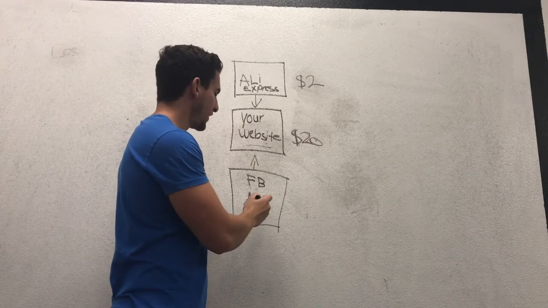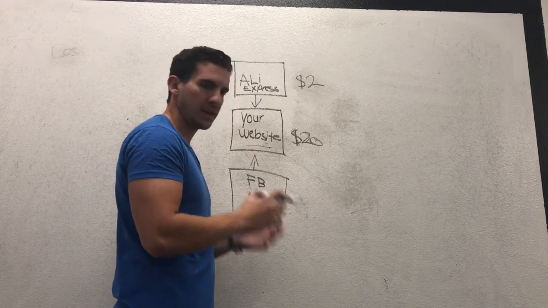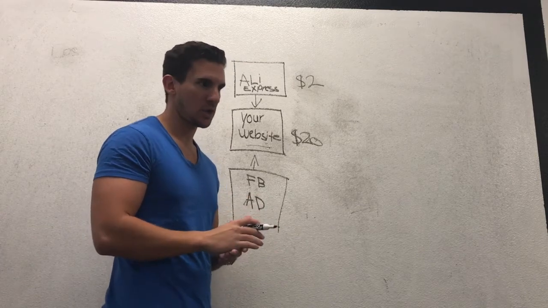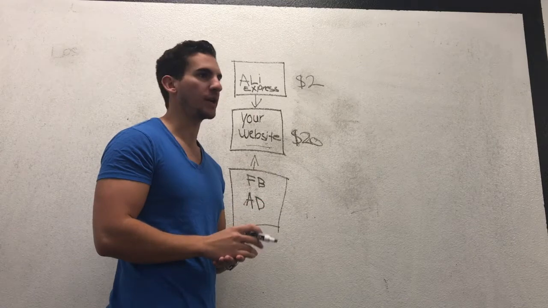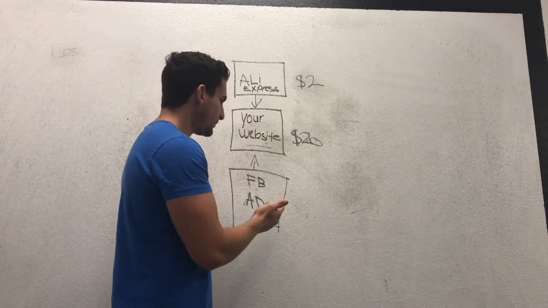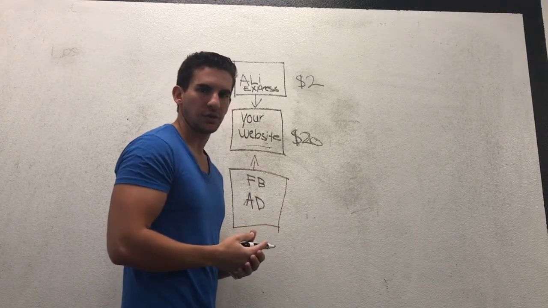Now, the goal is to then drive traffic to your site via Facebook ads. So, you're gonna run different ad campaigns, you're gonna test, see which ad converts the best. Once you find a high converting ad, you're gonna stick with it and keep running it. So the goal is to get an ad running to your website for under $10, let's just say.